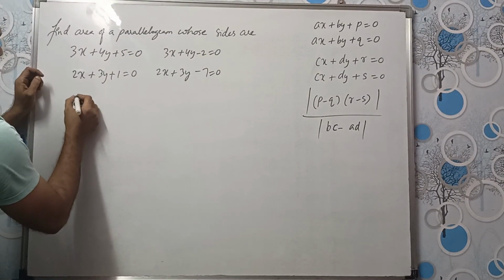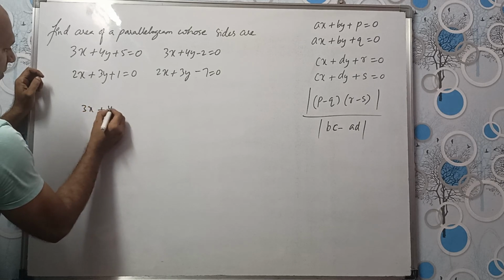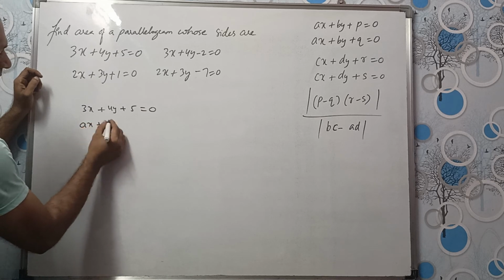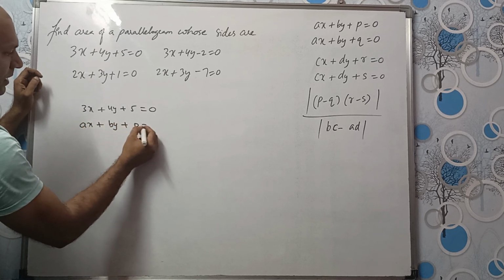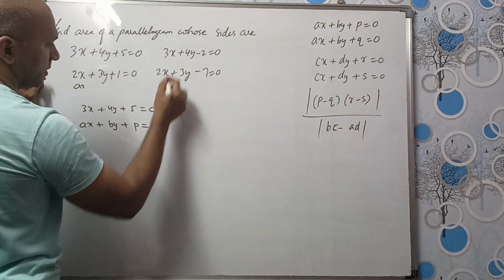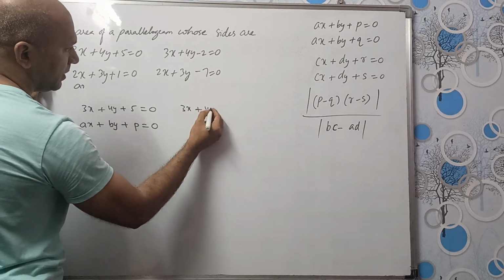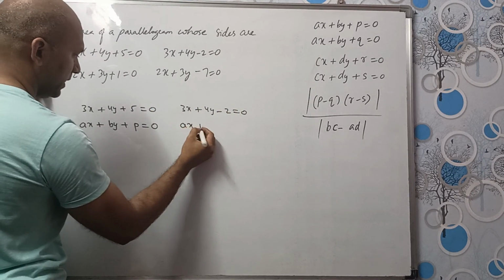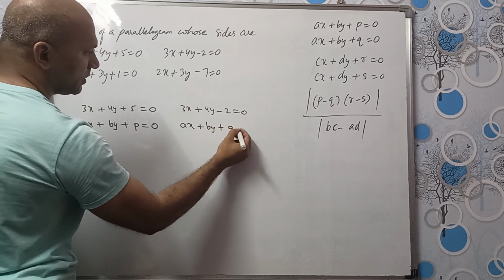So let us compare this with that one. This 3x plus 4y plus 5 is equal to 0. We can write it as ax plus by plus p is equal to 0. And this is 3x plus 4y minus 2 is equal to 0. You can take this as ax plus by plus q is equal to 0.